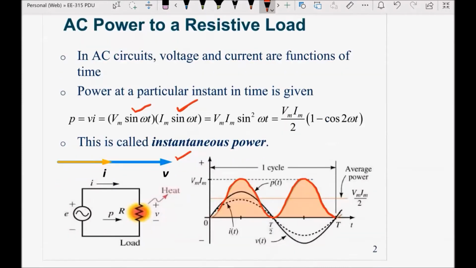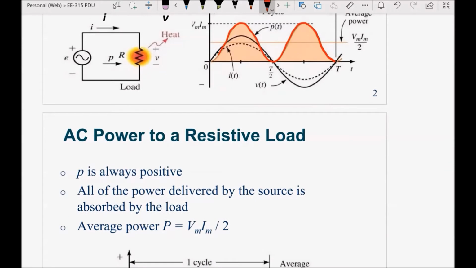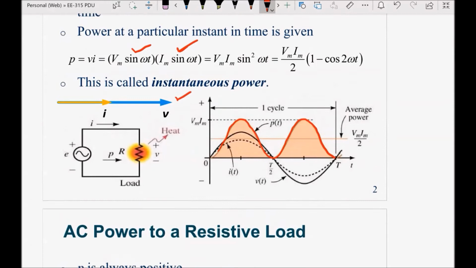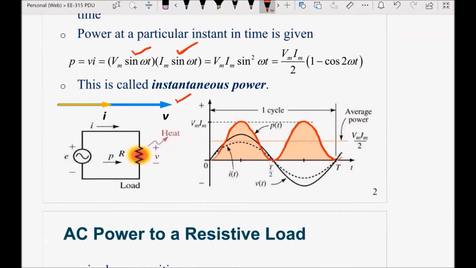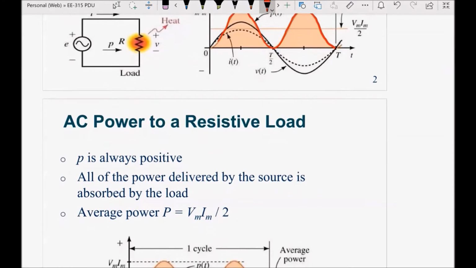Moving on, we know that the power consumed in a circuit is classified into two types. First is instantaneous power, which we just calculated, and the second is average power, which is calculated over the entire cycle.